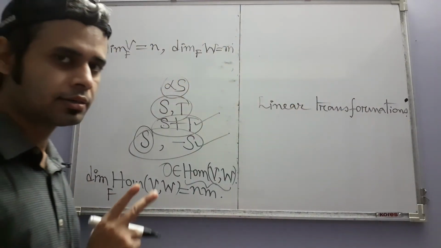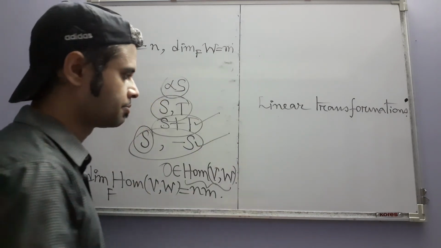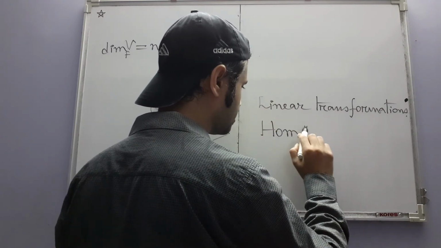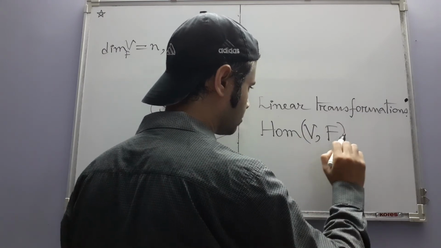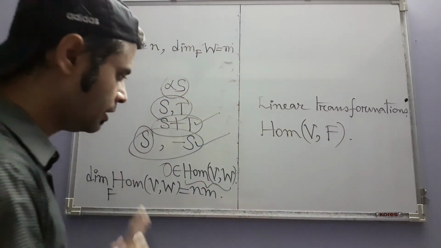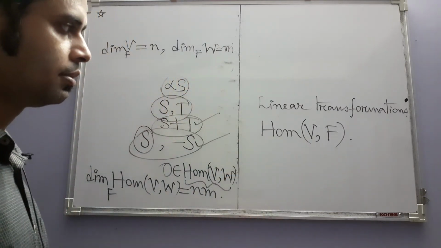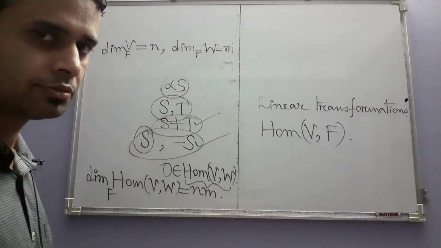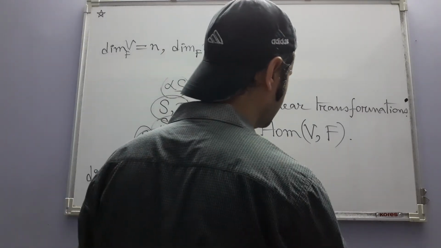Now, there are two special cases of this vector space. One of them is this, which we will consider in this section. Recall that if V is a vector space over F, then F itself can also be regarded as a vector space over F. This is something we have already seen.